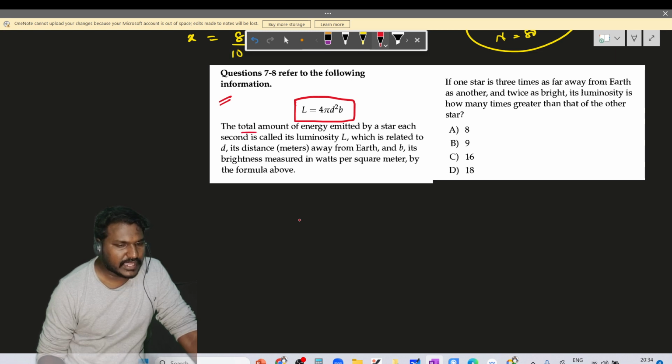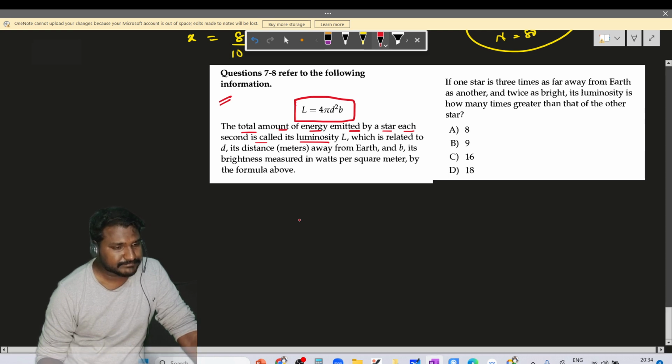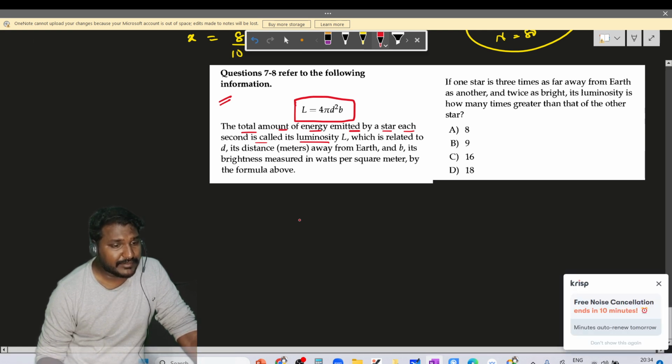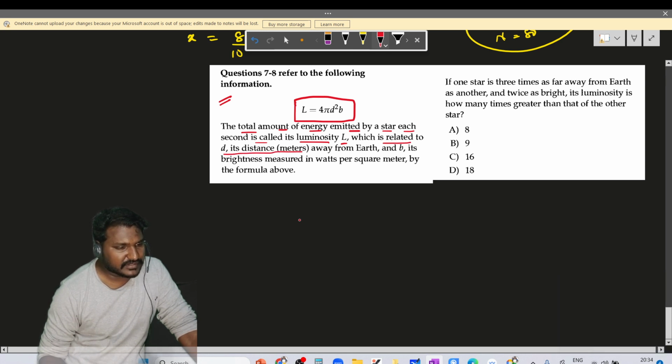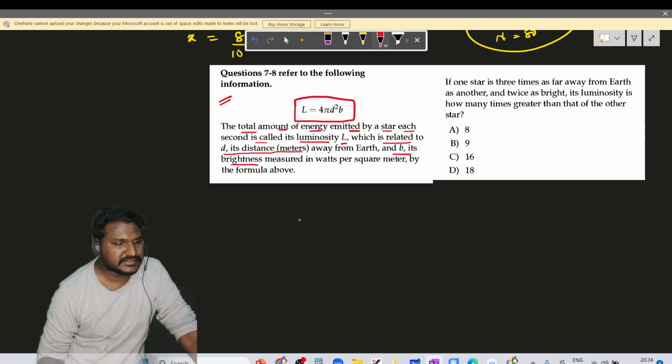The total amount of energy emitted by a star each second is called its luminosity, L, which is related to distance away from Earth as d, and b its brightness measured in watts per square meter by the formula above. So here L is luminosity, d is distance, and b is brightness.